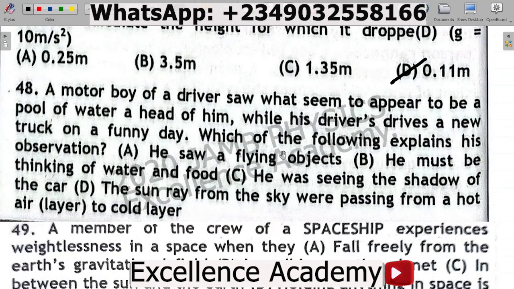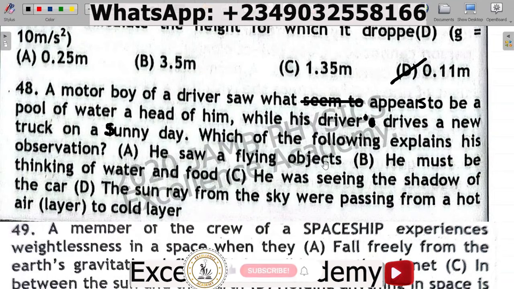All right, next up, question number 48. A motor boy of a driver saw what appears to be a pool of water ahead of him while his driver drove a new truck on a sunny day. Which of the following explains his observation? A. He saw a flying object. B. He must be thinking of water and food. C. He was seeing the shadow of the car.